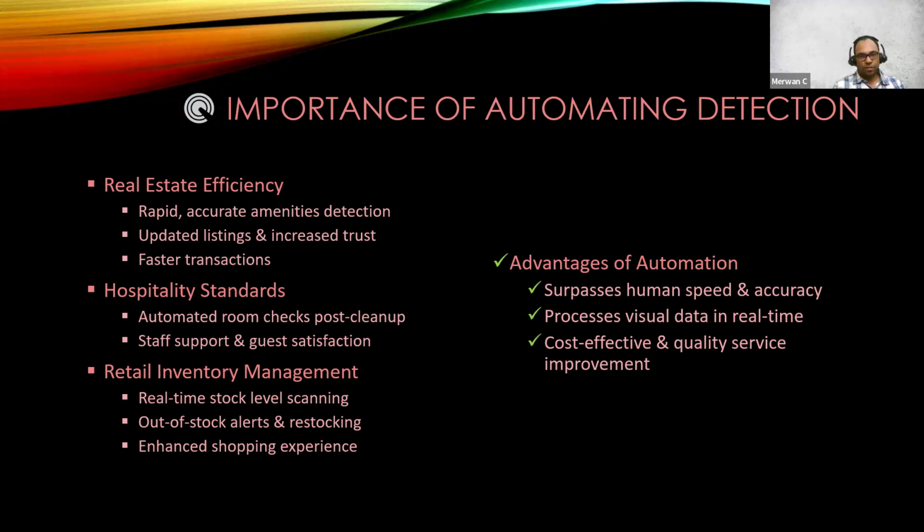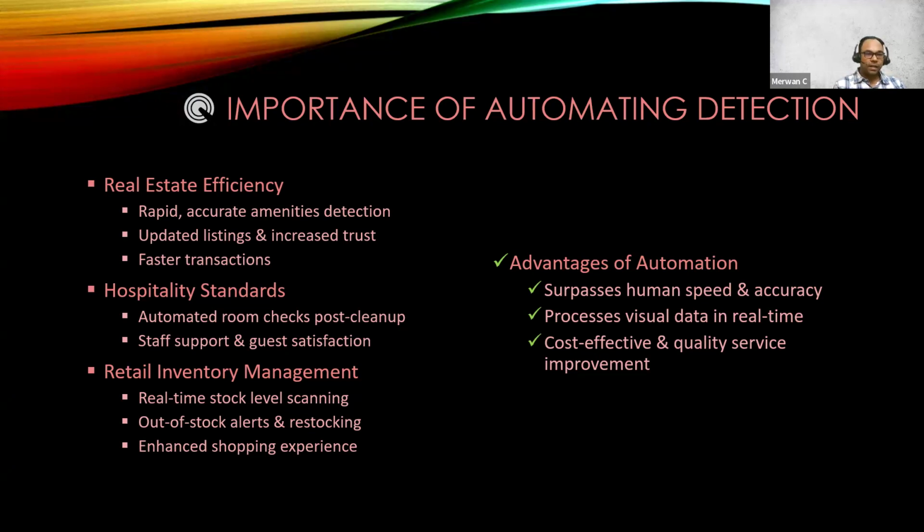So the gist of this automation detection lies in the ability to replicate and surpass the speed and accuracy of human capabilities in specific tasks. By integrating machine learning into our systems, we can process vast amounts of visual data, make informed decisions quickly, and also act upon them in real time.